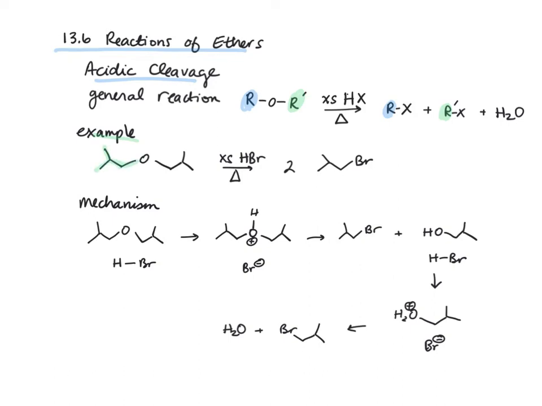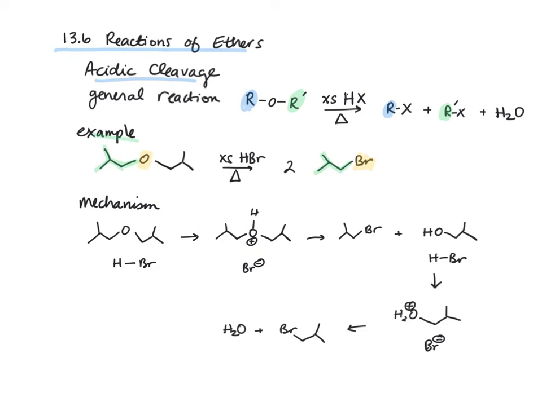So there we've got 1, 2, 3, 4 carbon atoms, and in our product we have 1, 2, 3, 4 carbon atoms. So this oxygen group is replaced with a bromine, and there are 2 of those in the product because our ether is symmetrical. If our ether were not symmetrical, we would get 2 different products.